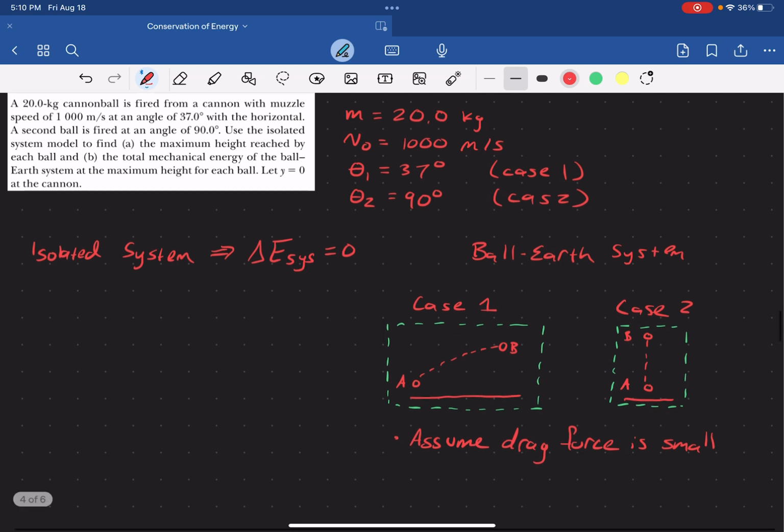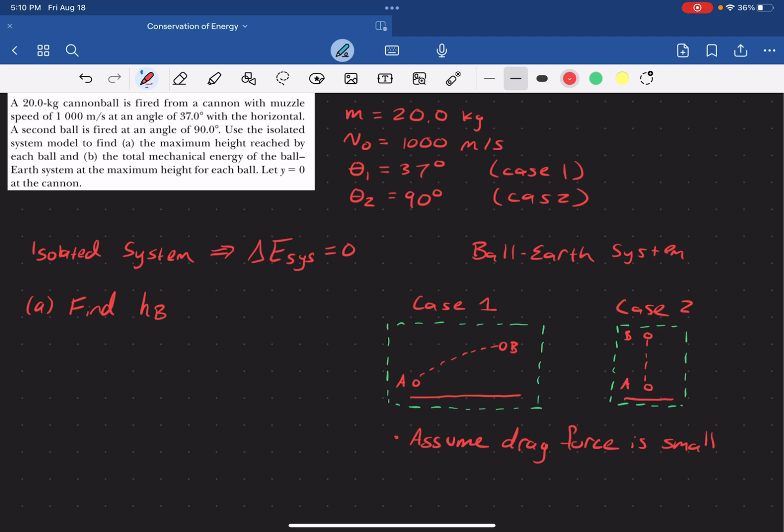Now for part A, now that we have our system, we can start to tackle the question. Part A asks to find the maximum height, which is the height at point B for each case.